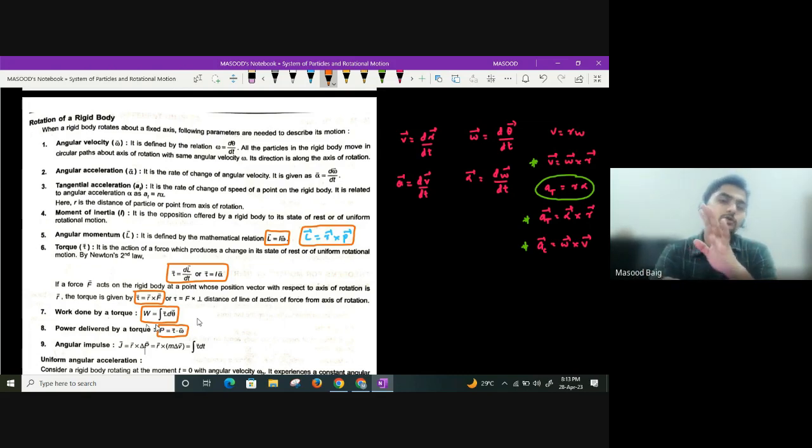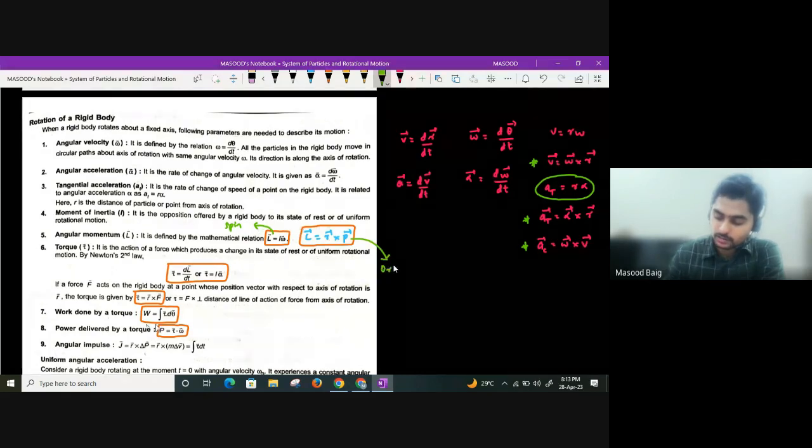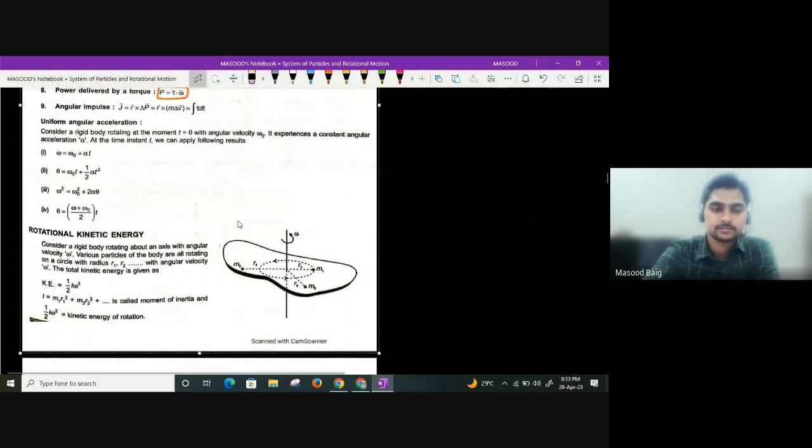Angular momentum due to the effect of rotation is called spin angular momentum. It is given by I into omega bar. It is due to the effect of rotation. And angular momentum due to the effect of translation is called orbital angular momentum. It is given as r bar cross p bar. Clear, everyone? Yes or no?